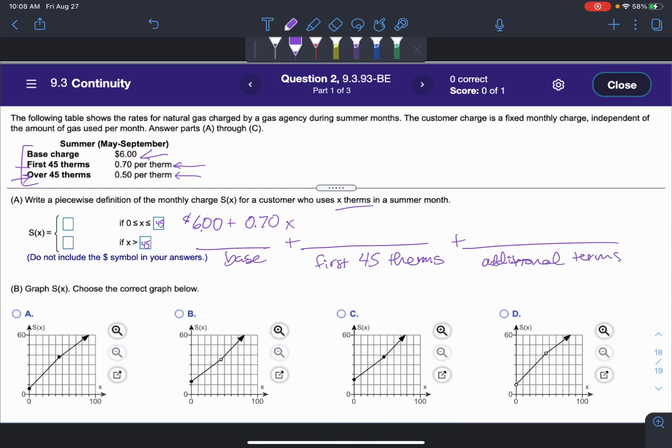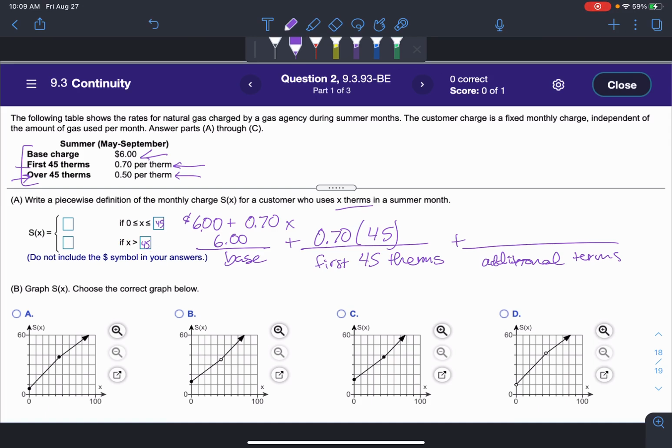So your base price is your $6, right? And your first 45 therms would be 0.70x, right? But your x in this case is really 45. So I'm going to actually substitute in 45 for x, because I know that if my x is over 45, then I definitely have at least 45 therms. So I'm going to be paying at least this amount.